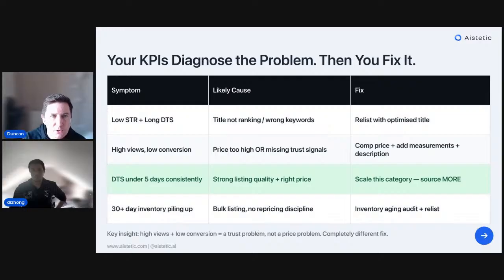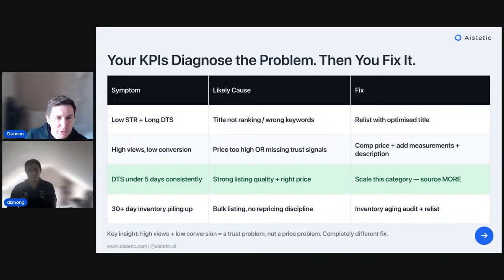The fix is to look at your comps and your price, add measurements, and look at your description to enable your buyer to really believe and understand the value of what you are offering. If your days to sell is under 5 days, consistently, great. You've got strong listing quality and the right price, so scale this category and source more.